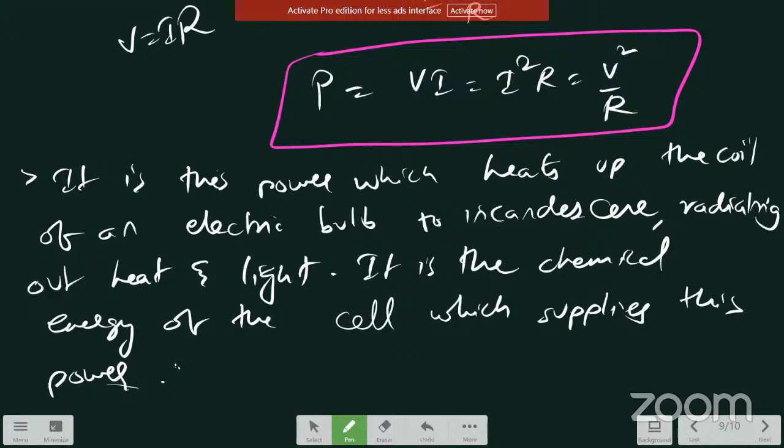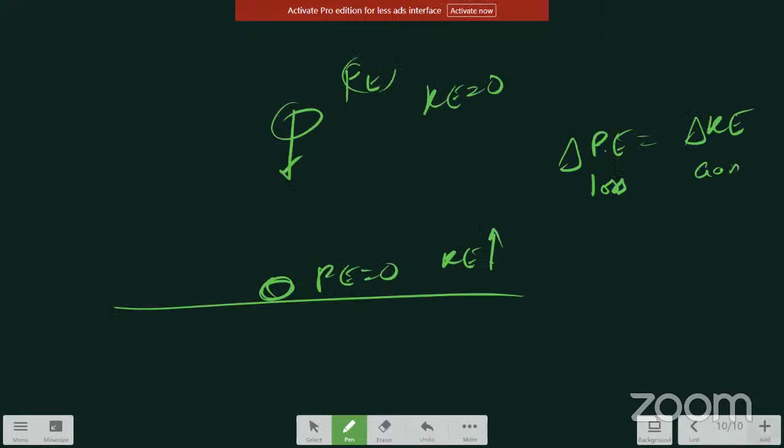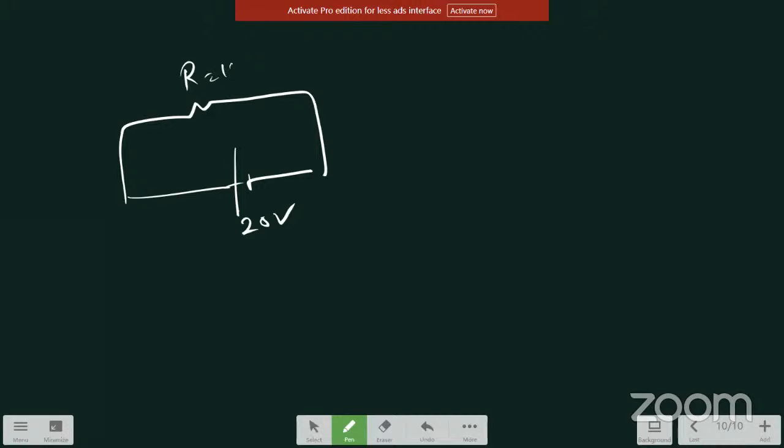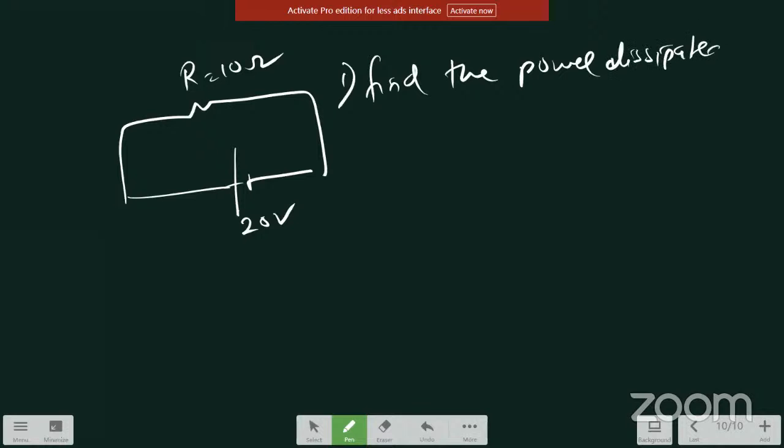Yes. So let us see how questions will come on this. If there is a battery with an EMF of 20 volt, and a resistance of 10 ohms, the first question is: find the power dissipated in the resistance.